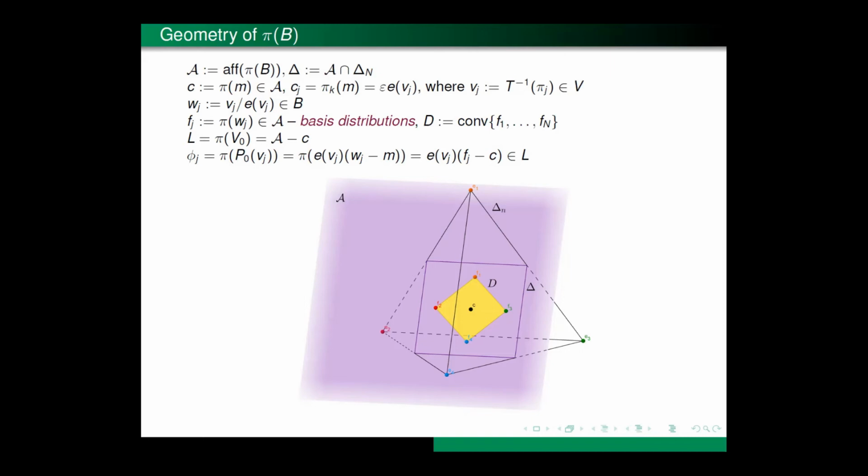And having these states, we define the basis distributions. So we calculate the probability distributions of these states obtained from the effects of the measurement. These basis distributions will be denoted by Fj's, and we consider here this basis polytope D, which is a convex hull of these vectors Fj.